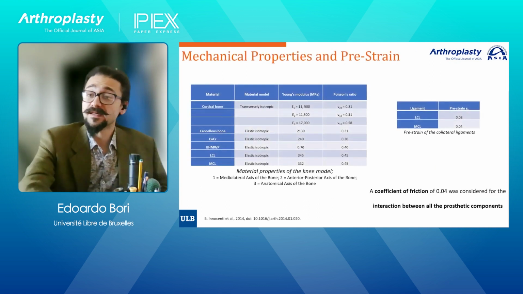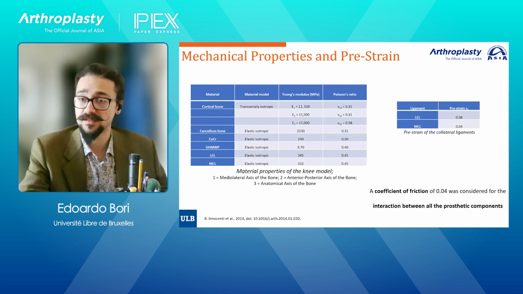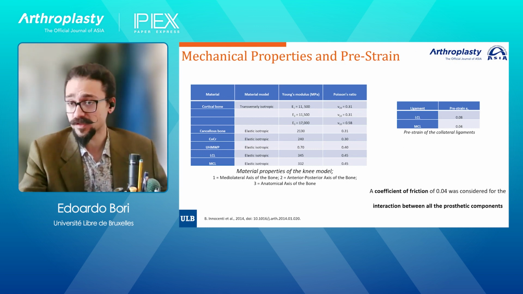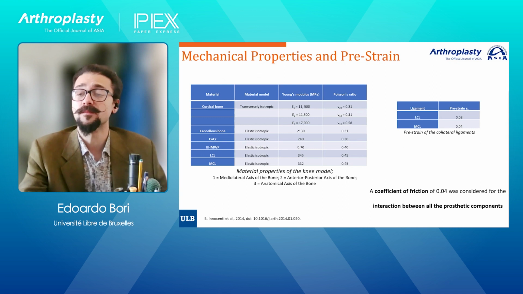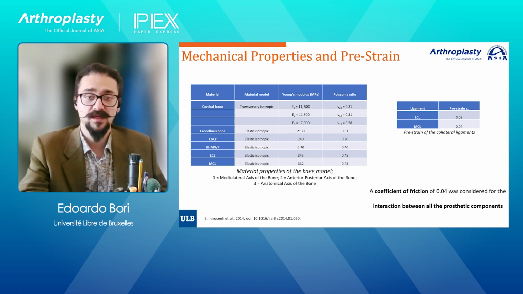We then applied a series of mechanical properties, again from the literature, also from previous studies in this validated protocol that we used. For the bone, we considered transversely isotropic properties for the cortical bone in order to be more realistic in reproducing how the bone fibers are aligned for the femur and the tibia.